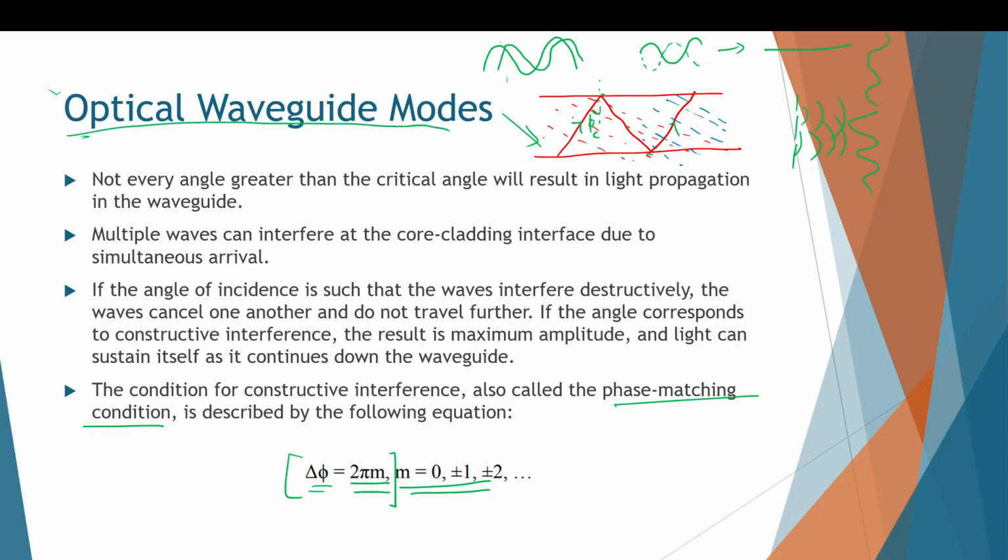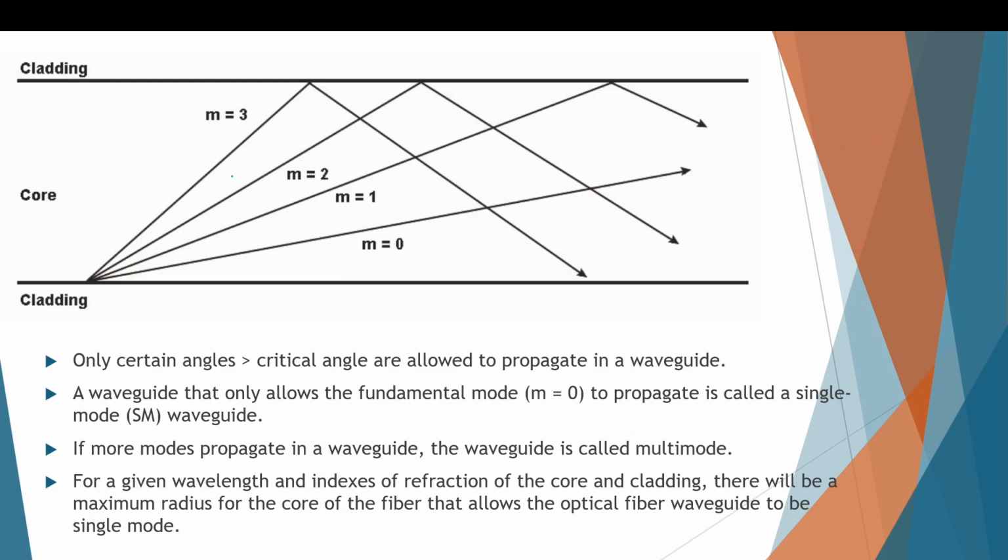Corresponding to the different thetas that we have, all these thetas will be greater than the critical angle, but there will be a certain distinct number of thetas. Similarly, there can be a mode corresponding to m equal to 0, m equal to 1, 2, 3, like that.